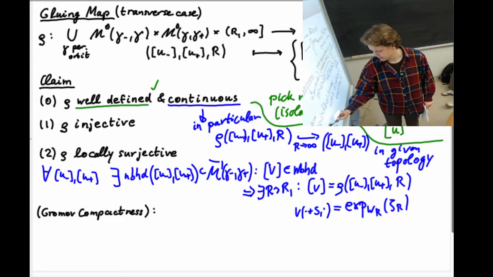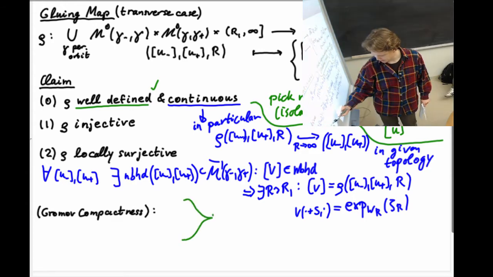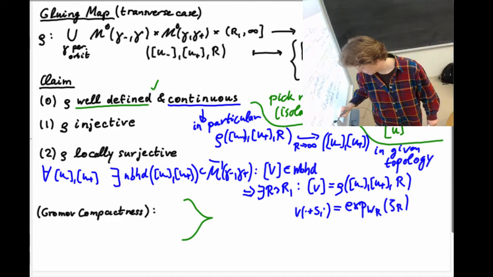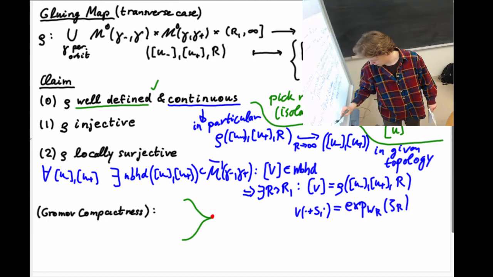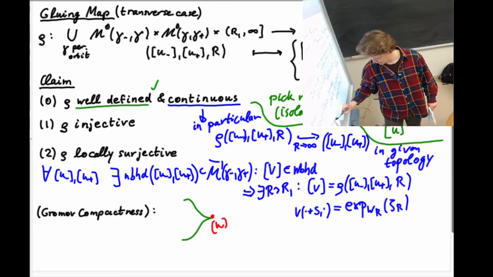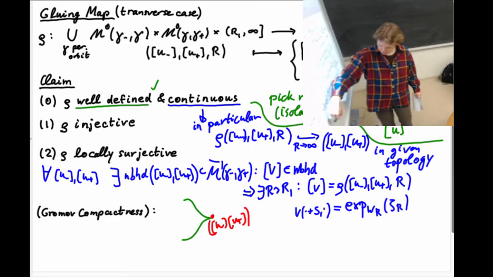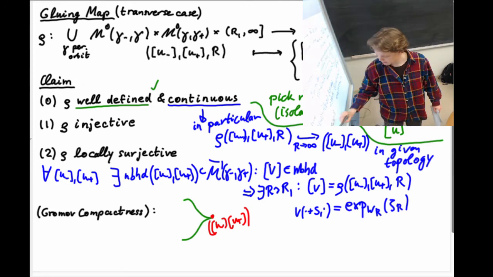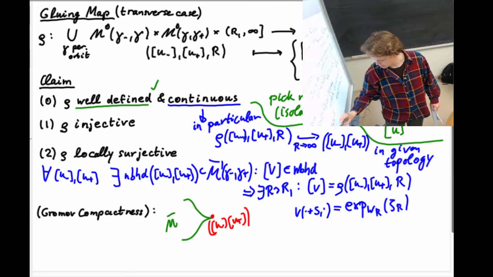Your M bar could look like this, where you could think of a broken one being approached by two branches of not broken ones.